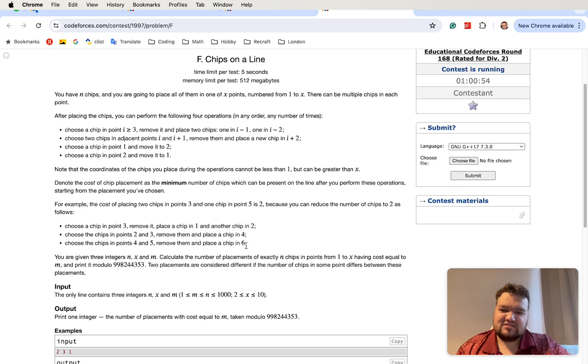So I guess making it a Fibonacci number system is the cheapest. The cost of chip placement is just the number of ones we would use to represent the same number in the Fibonacci number system.